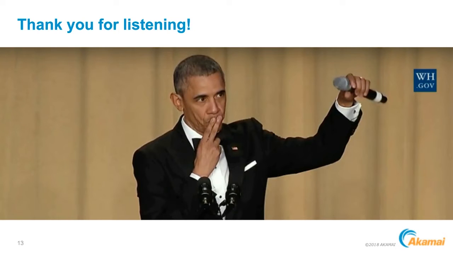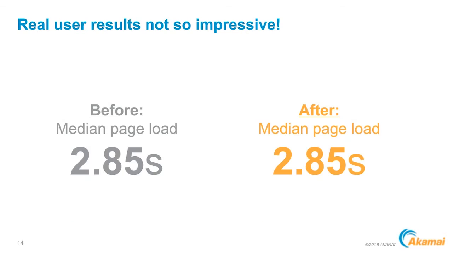So when we looked at this customer's data before the image optimizations, we saw that the median page load time was 2.85 seconds. Great number. And when we optimized these images and saved them 70 terabytes a month, the result was 2.85 seconds. Not quite as impressive as we may have hoped. No, I don't think that was.